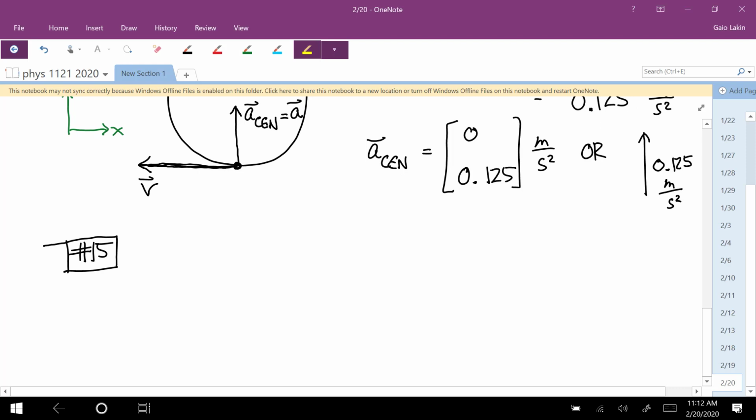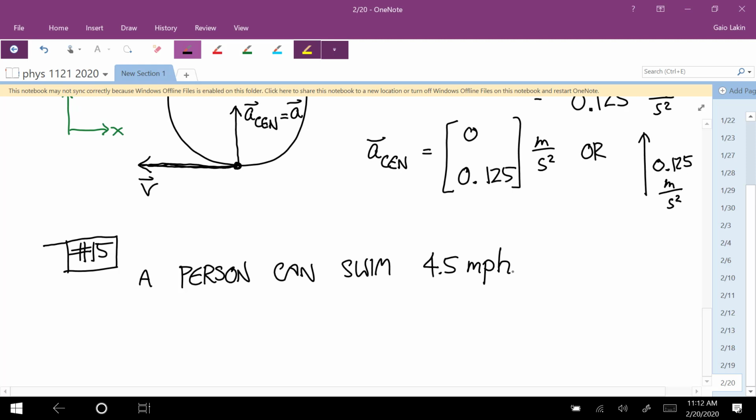Okay, so you have a person that's capable of swimming 4.5 miles per hour. And what you have to recognize here is that that means the person can go 4.5 miles per hour compared to the water they're in.